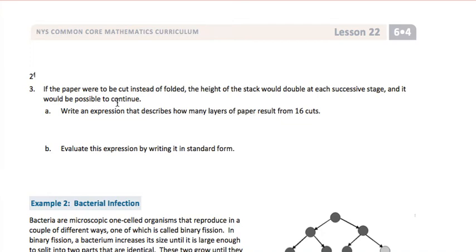So write an expression that describes how many layers of paper result from 16 cuts. That would be 2 to the 16th power. And if we evaluate that using a calculator, naturally, that would be 65,536 layers.